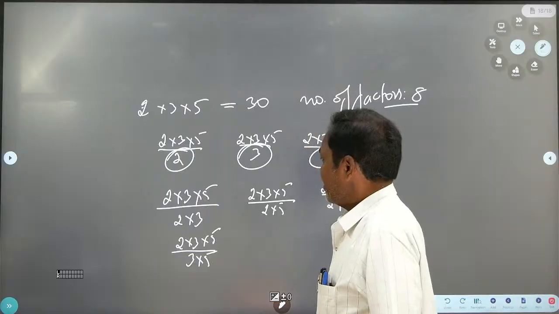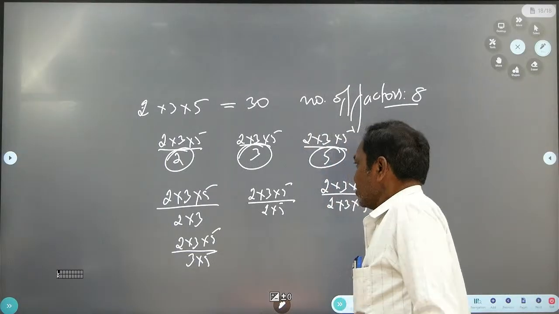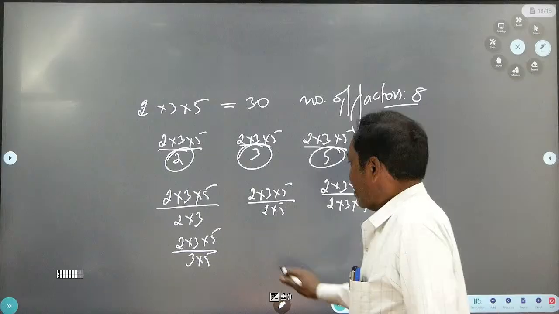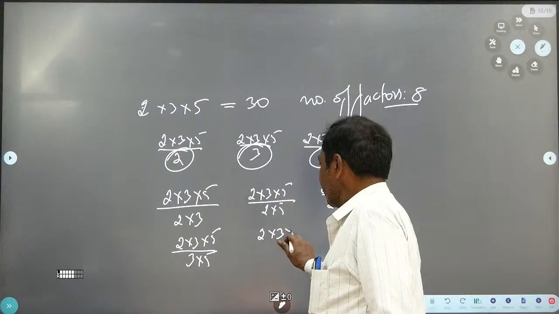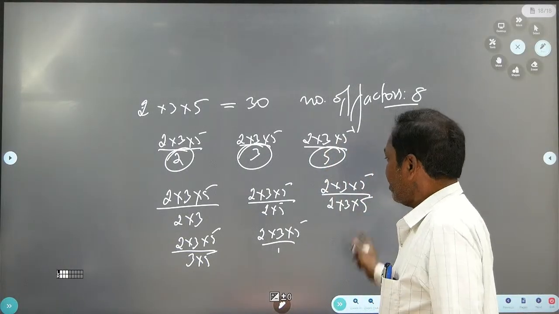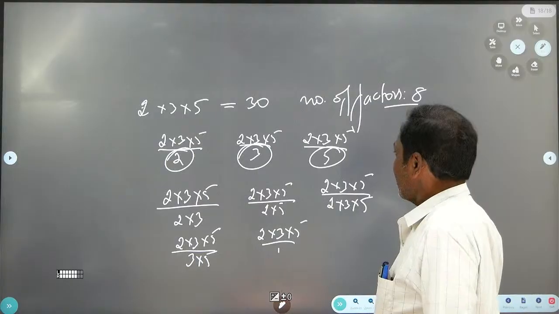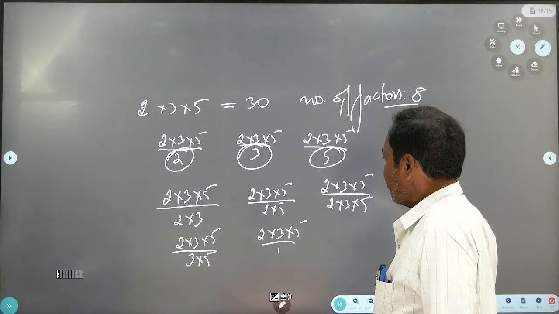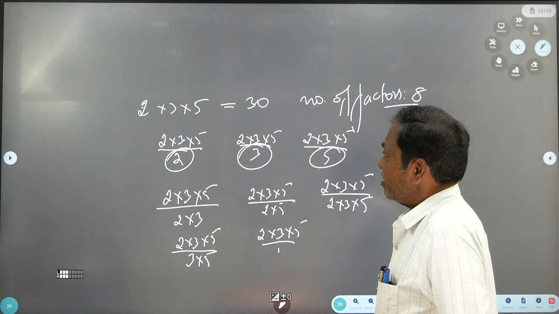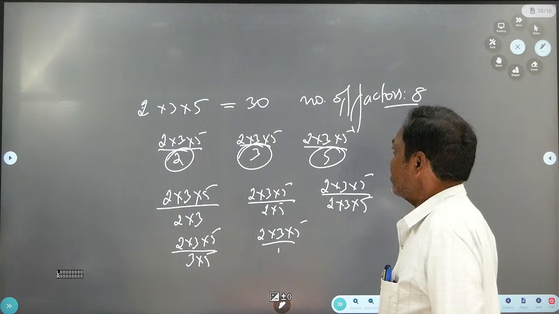You can also take all 3 numbers, and 2 into 3 into 5 by 1 as well. So one number is over, 2 numbers are over, 3 numbers are over. Like that you can count the number of factors.